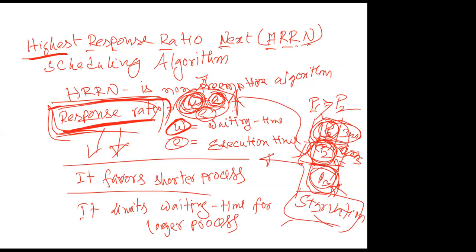Now let's see one example for the HRRN algorithm, then it will be more clear how it works. Let's check one example that we did previously for other algorithms, SJF, LJF, and SRTF.